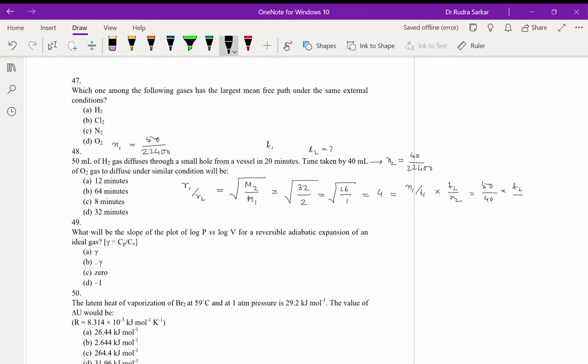So my T2 is, so this is how things are, and that is equal to 4. Therefore calculating for T2, it is going to be 4 into 40 into 20 by 50.